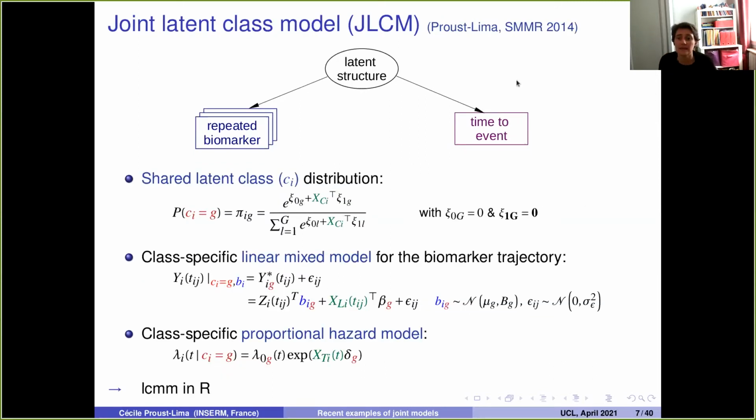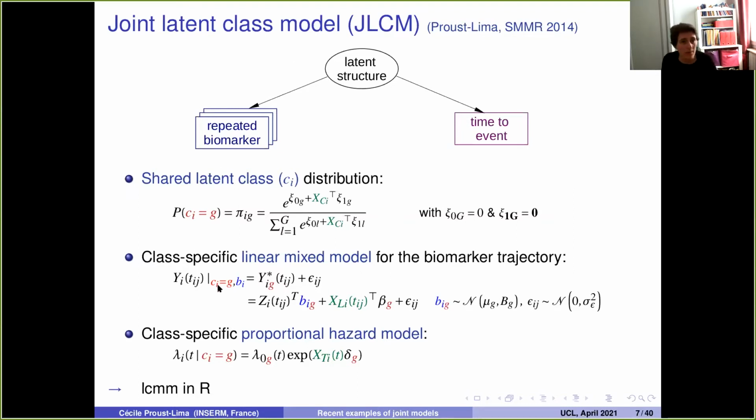The idea here is that the latent structure now is not a continuous random variable, but a discrete latent variable, with Ci my latent variable, so Ci equal G if my subject i belongs to latent class G, so to group G. I will describe this distribution using the probability of each latent class, and then similarly to what I did just earlier, I can define the trajectory of my repeated biomarker given my latent structure.